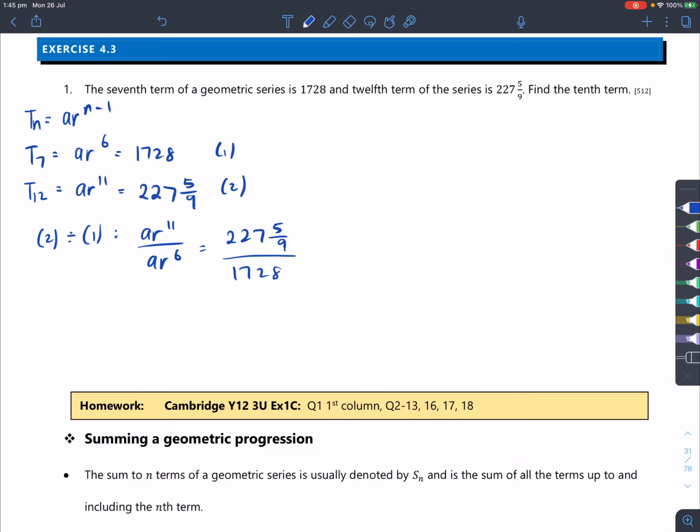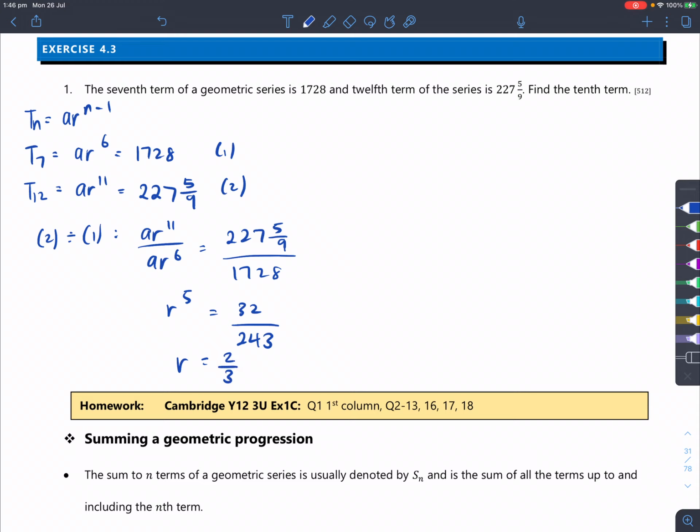So by doing that, let me just double check what we get. We get 32 over 243 on the right side, whereas on the left side we will get r to the power 5. Now if I do the fifth root of both sides, then I get the answer 2/3.